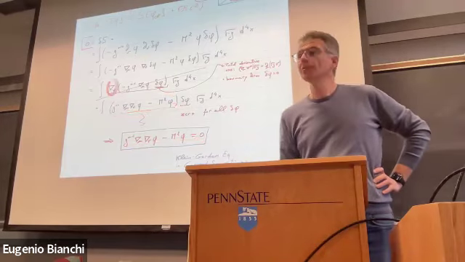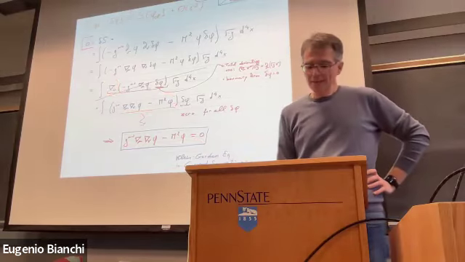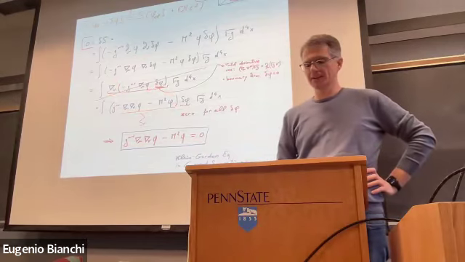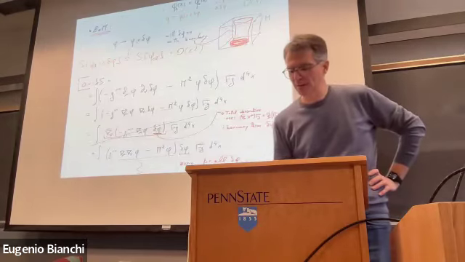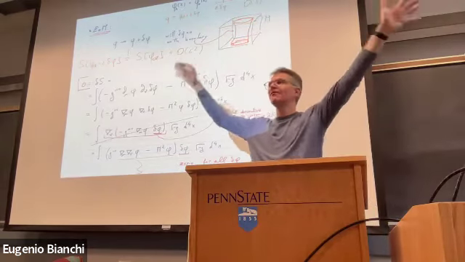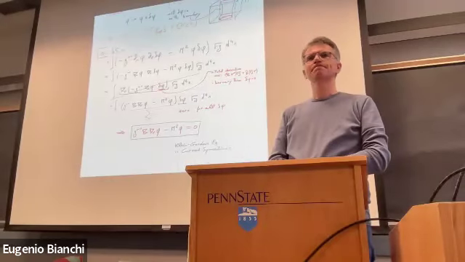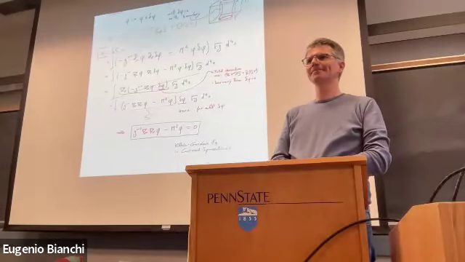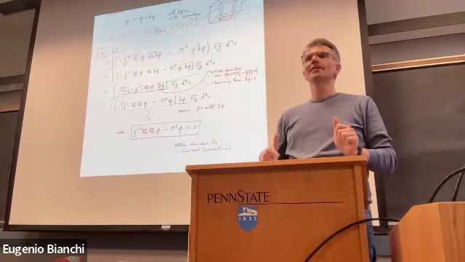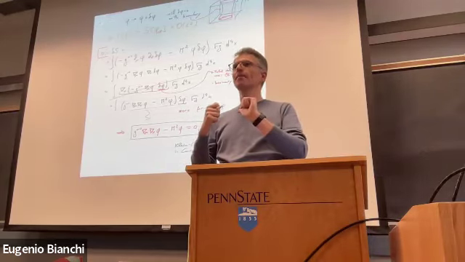And a piece that is a total derivative, that is 0 if you have fixed the field on the boundary, if you vary inside without varying the boundary. Does it look familiar?